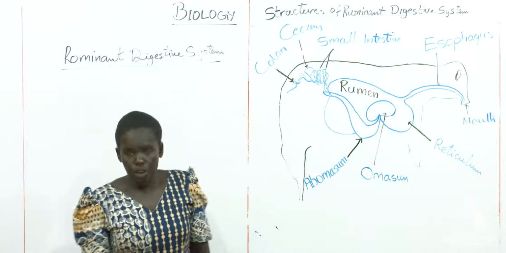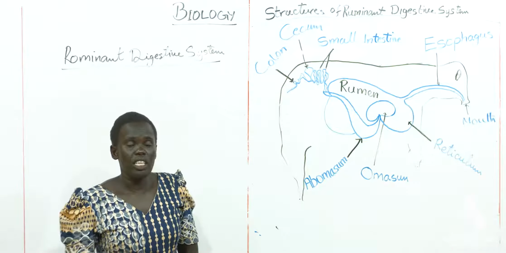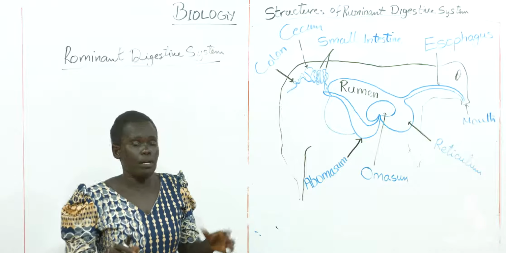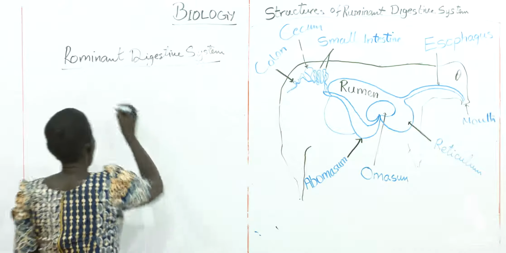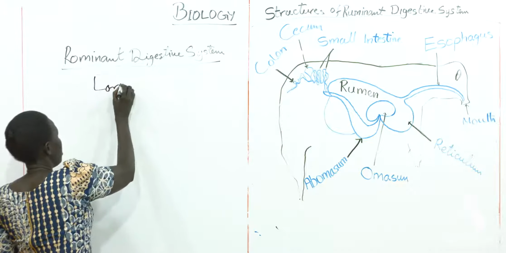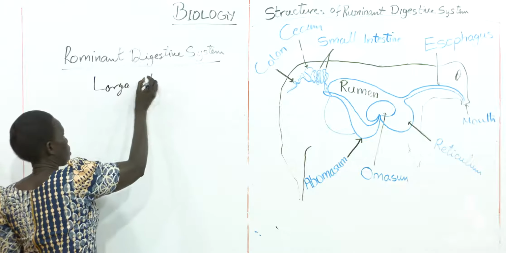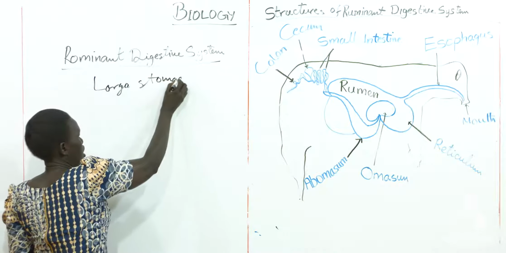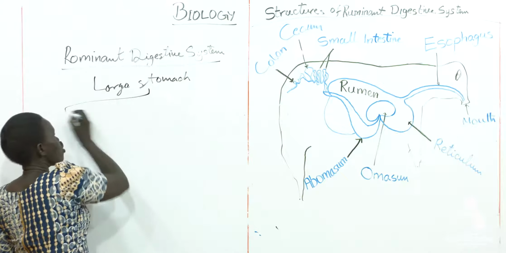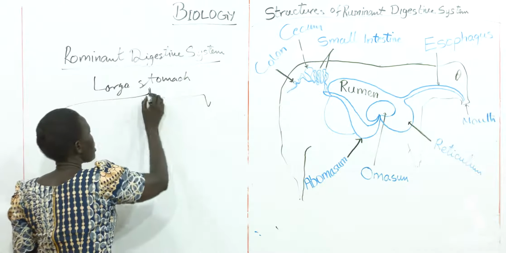This type of digestive system has a large stomach. This large stomach is divided into 4 chambers.